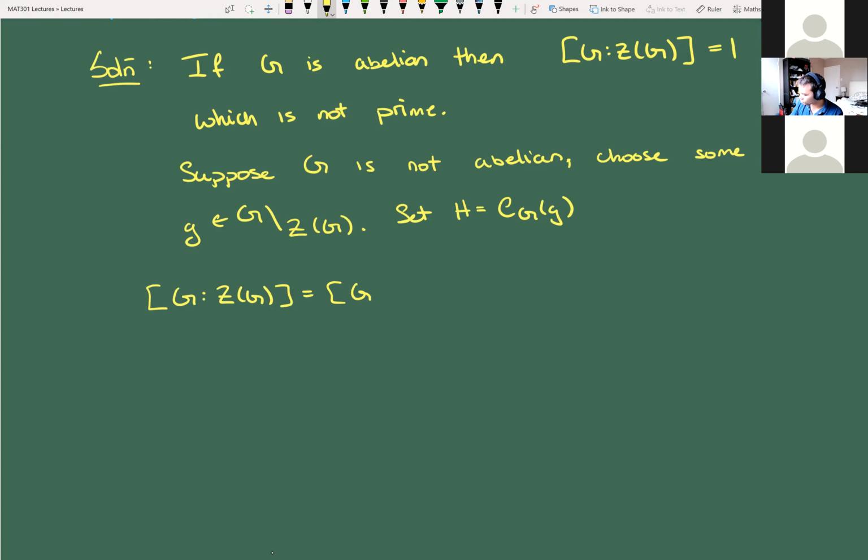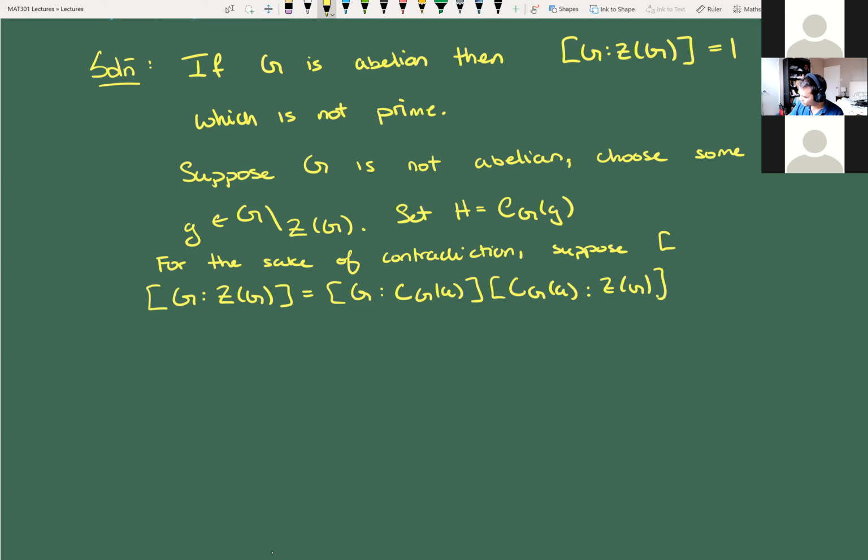And so now, if I do my thing, by my thing, I mean, let's just write out what I had above. C_G(g) over Z(G), right? Or I guess, let me say, for the sake of contradiction, suppose G over Z(G) is prime, right? So let's say that this thing is equal to p. So what I'm going to do is I'm just going to break this into cases. So case 1, right? Well, like we said, one of these has to be prime. One of them has to be equal to 1.